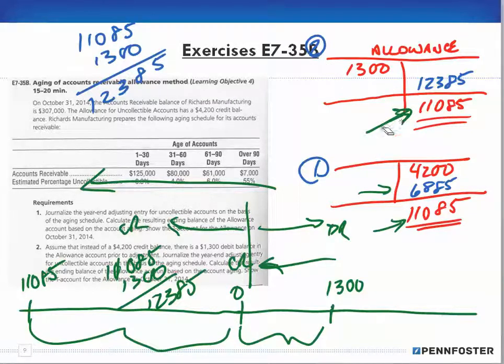So I hope that made that a little bit easier to understand. The reality is, after you've done this for some time and you understand the relationships, as you saw up here, it was easy for me to say, okay, I have 11,085 and I have a debit of 1,300.